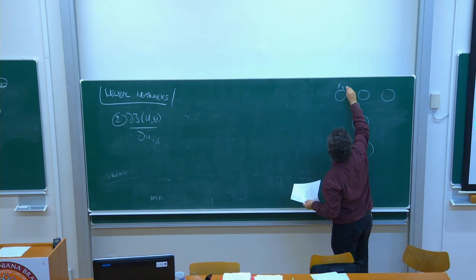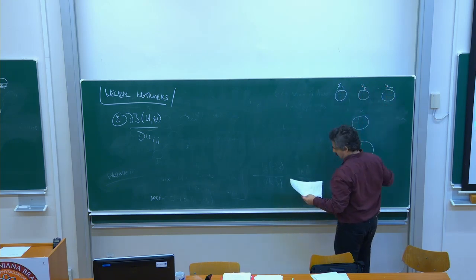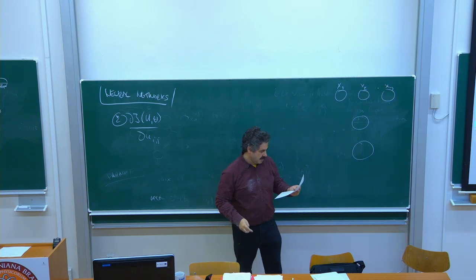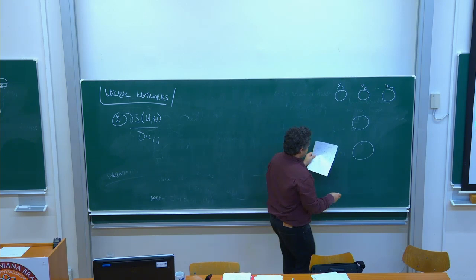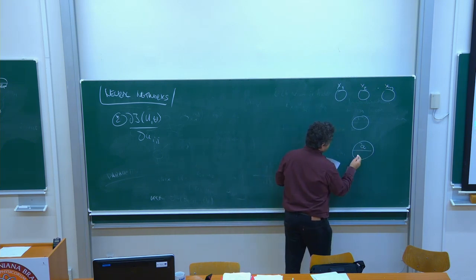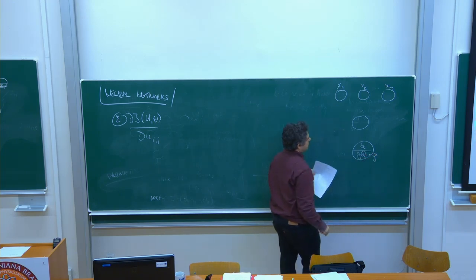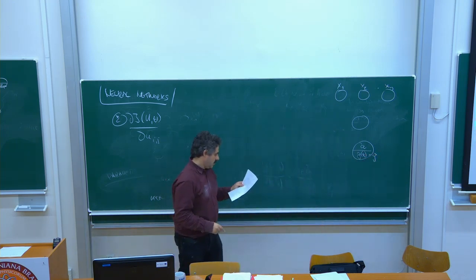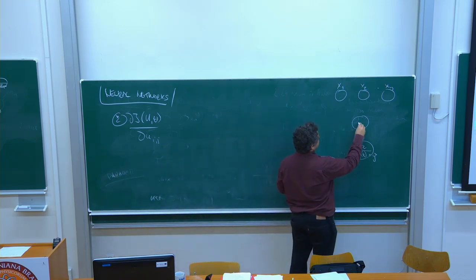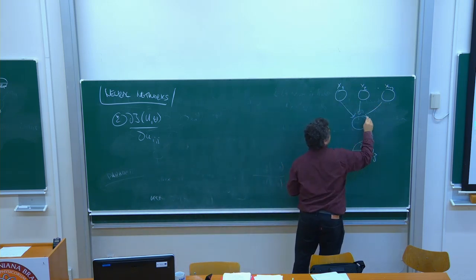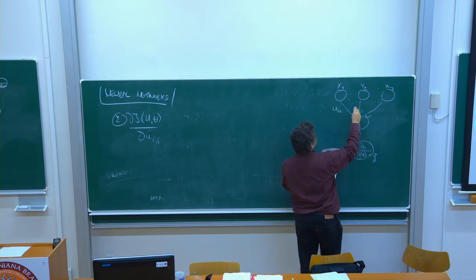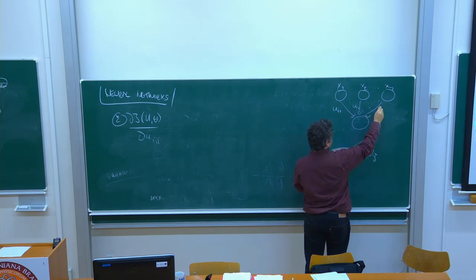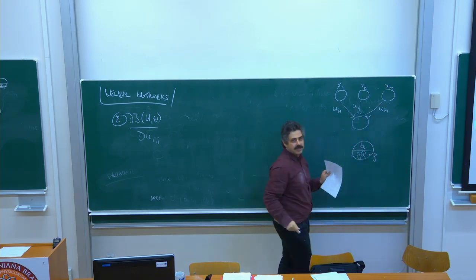One is x1, x2, xn. Then there is the output layer, so there is A, and there is this g(A), which is y hat. And then I have this middle neuron, so I have these things: u i1, u i2, u i n.